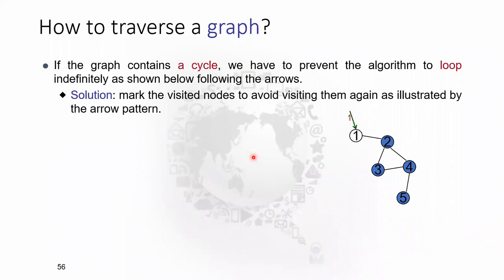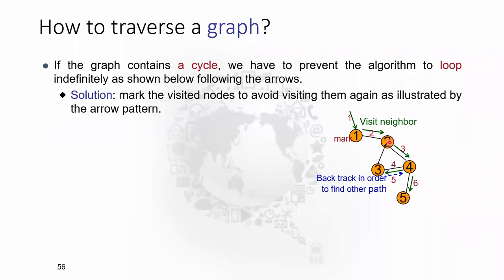So if a graph contains a cycle, you have to prevent the algorithm from looping indefinitely, as shown below, following the arrows here. Let's say you want to go from 1 and you go to 2. Here there are no directions; it is not a directed graph.